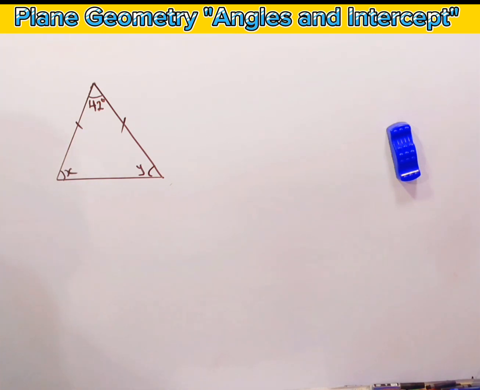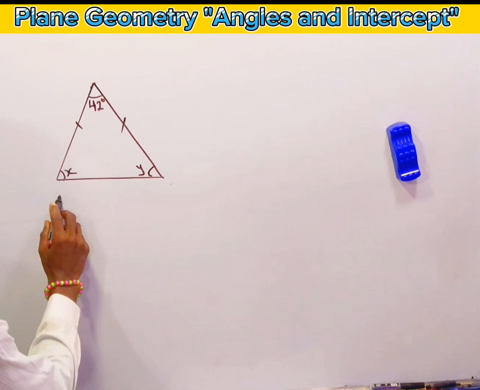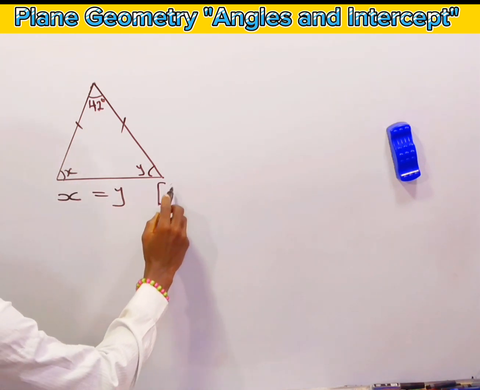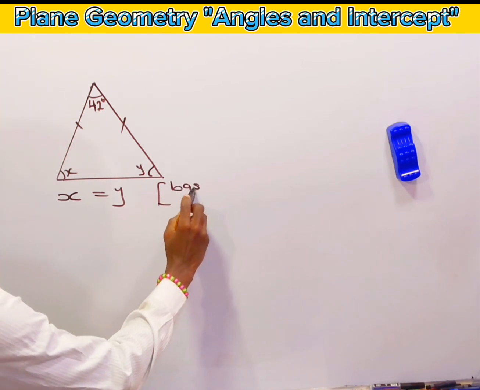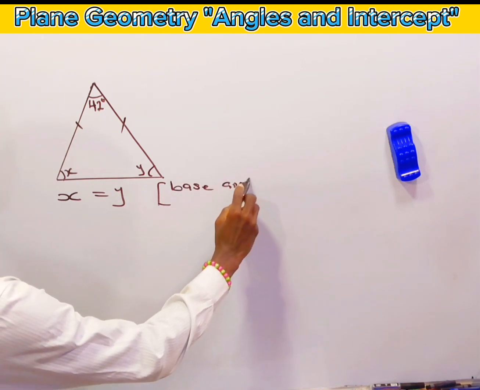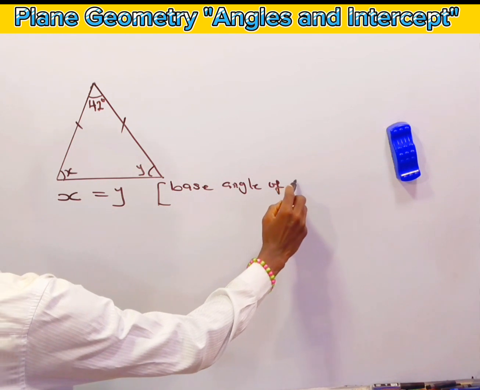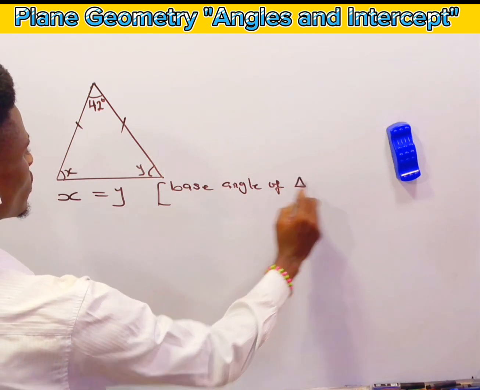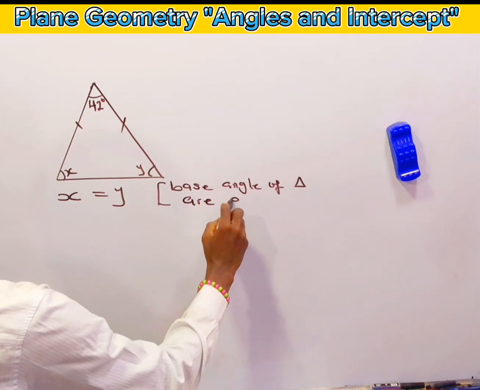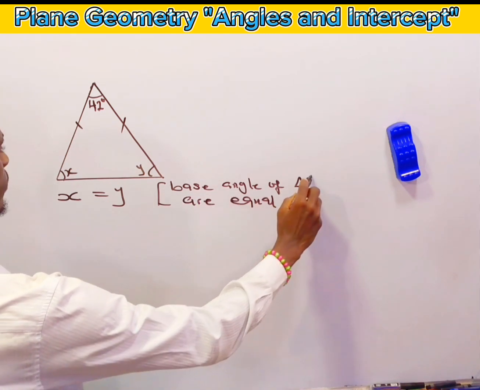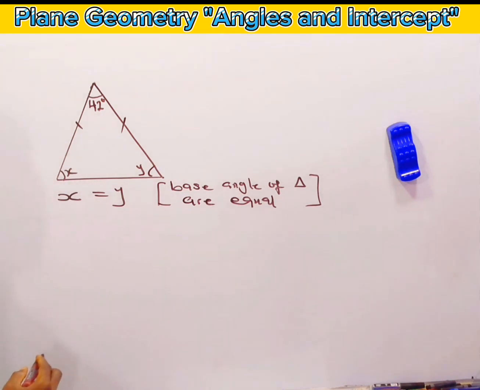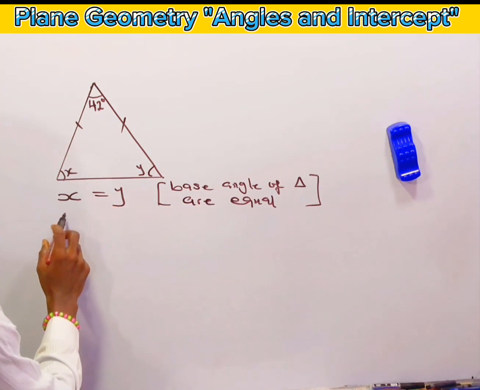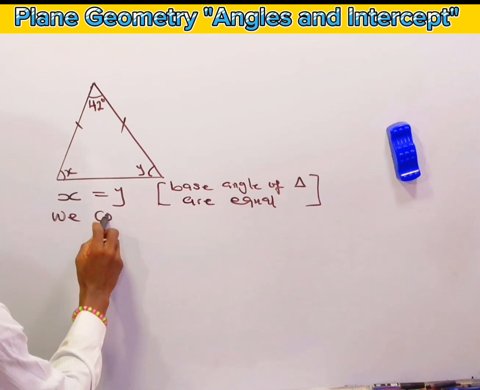X is equal to Y. Reason: base angles of isosceles triangle are equal.